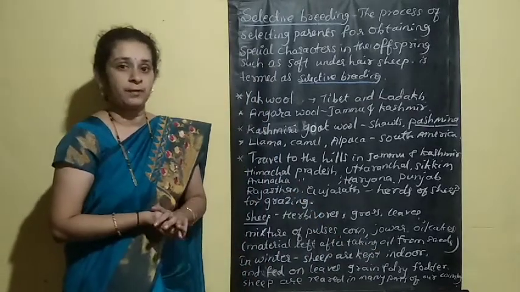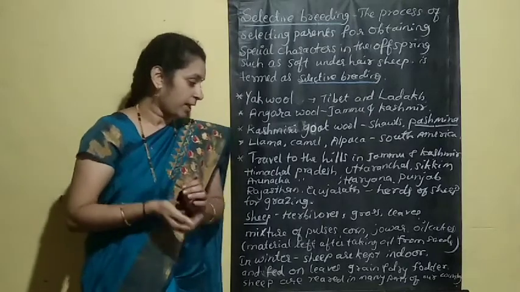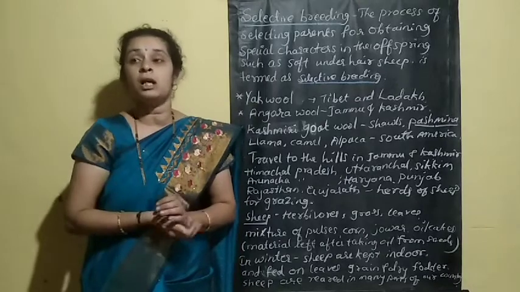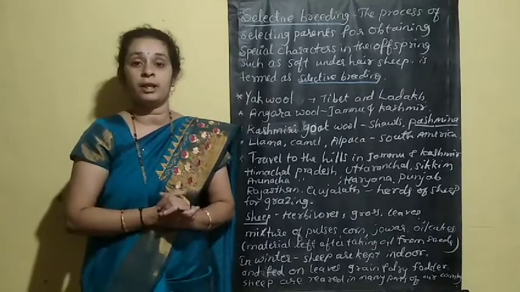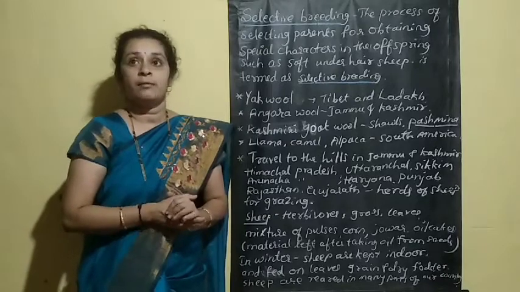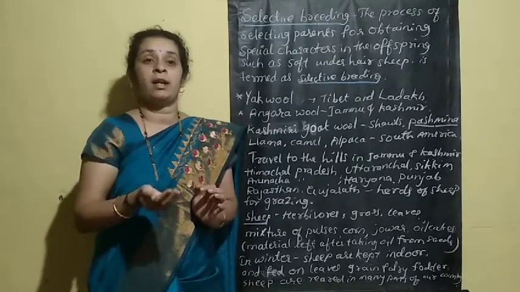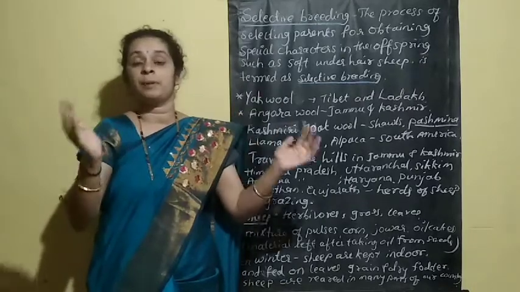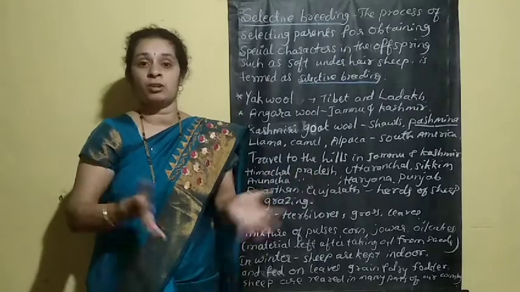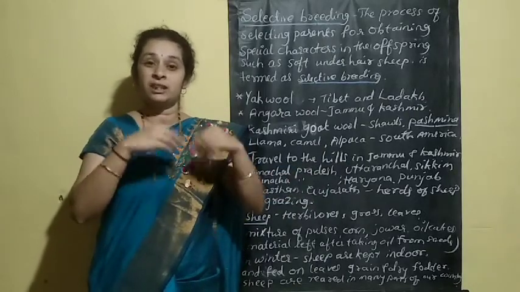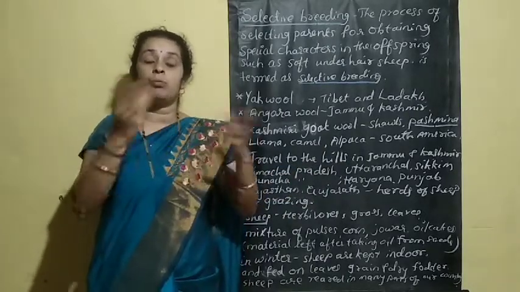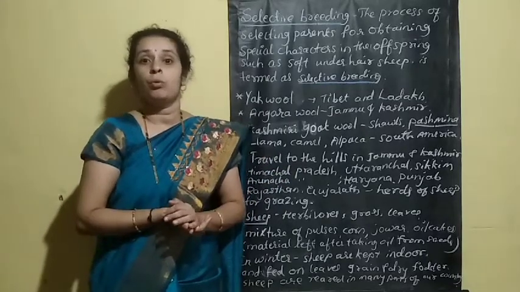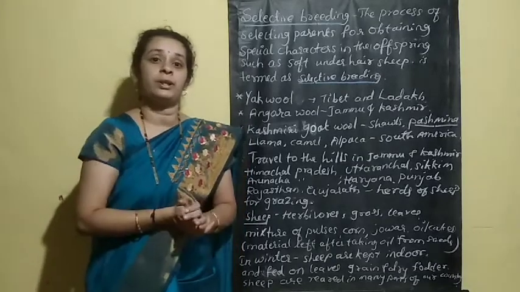These sheep are reared in our country for obtaining wool. After developing, the sheep will develop a thin fleece on their body. Then the hair will be taken and converted into wool. We will take wool and that will be converted into fiber.